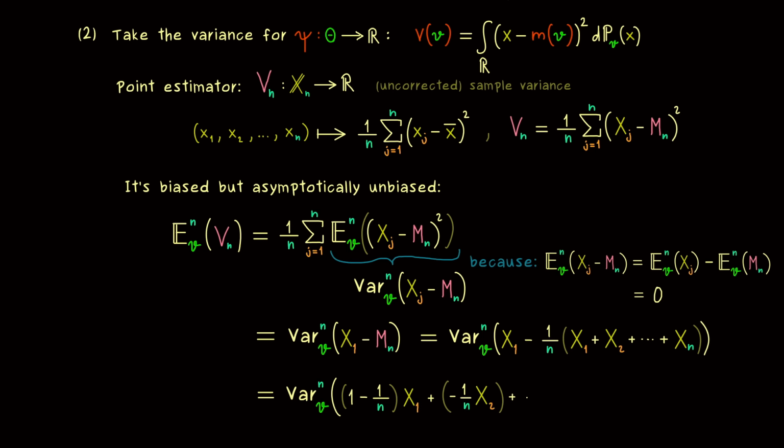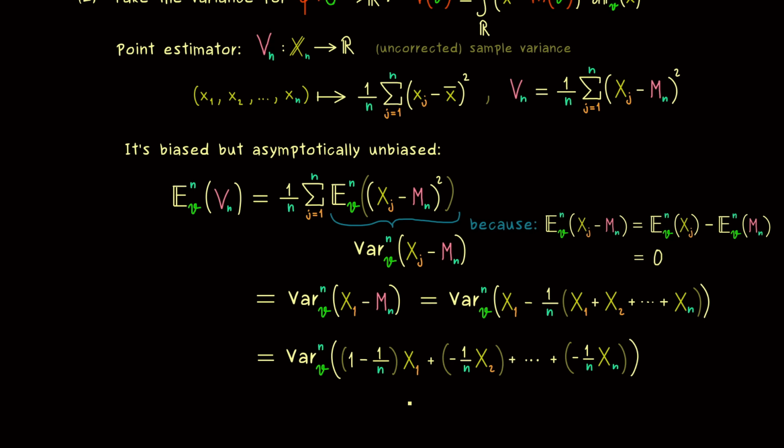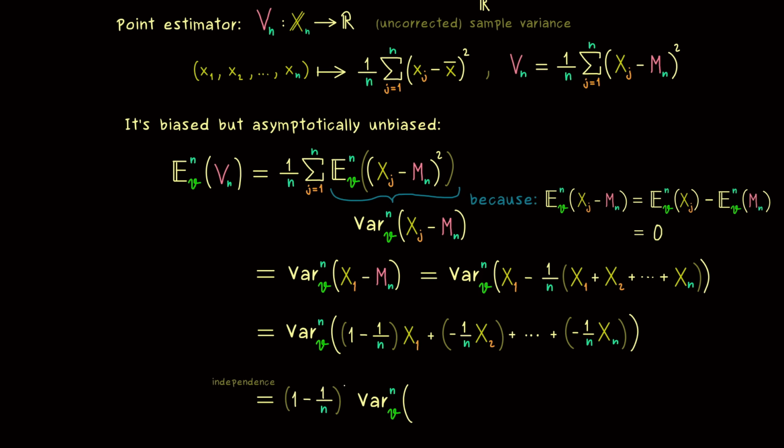And this is quite helpful because we already know that these random variables here are independent, which means we can pull out the sum. We can even pull out the coefficients, but there you should note that in the variance, these coefficients get squared. This means here for the first variable x1, we have the coefficient 1 minus 1 over n squared. And for the other ones, the minus sign vanishes, so we have 1 over n squared.